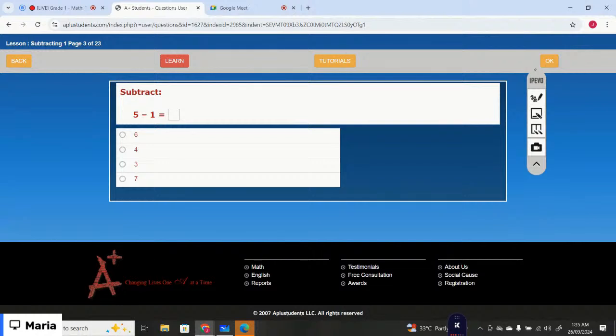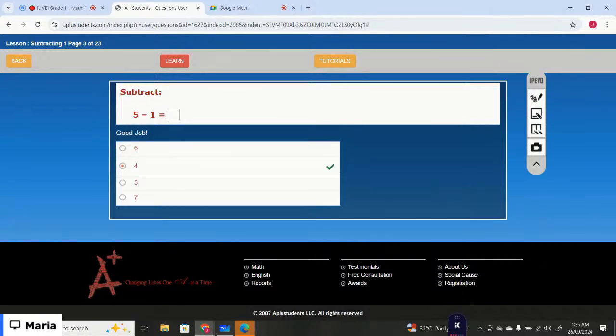The next one is 5 take away 1. So which is the correct option? 5 take away 1 is 4. The correct option is 4.